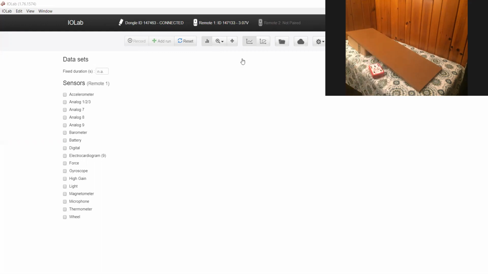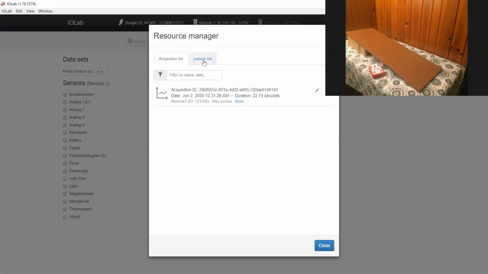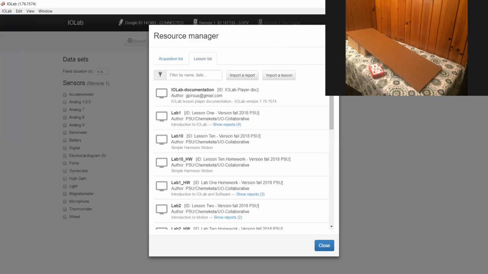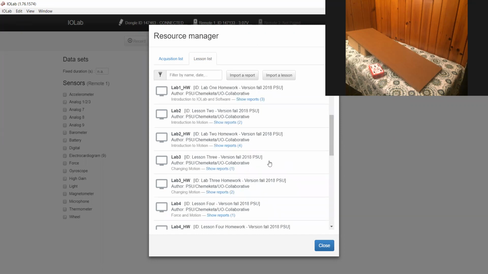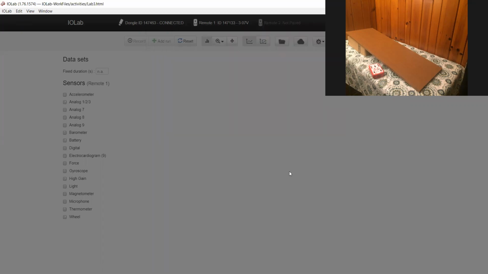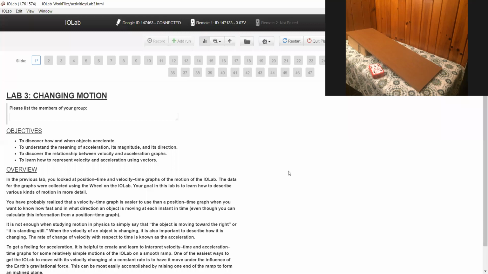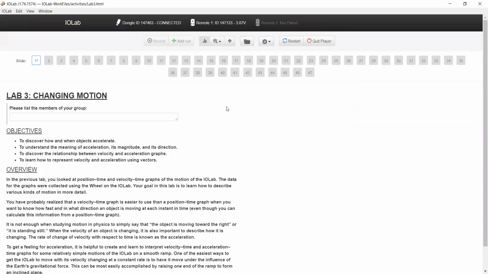And okay, we are going to do lab 3. So let's go to our regular lesson list. Okay, lab 3. So lab 3 is about changing motion.